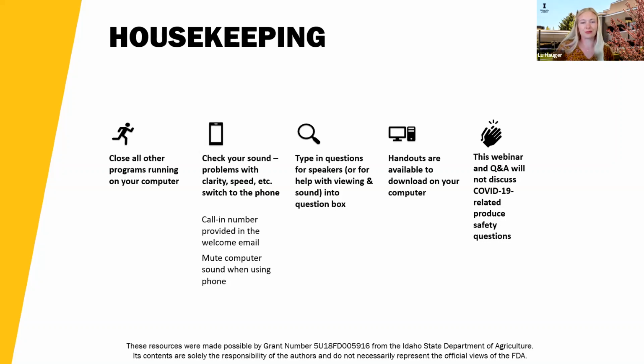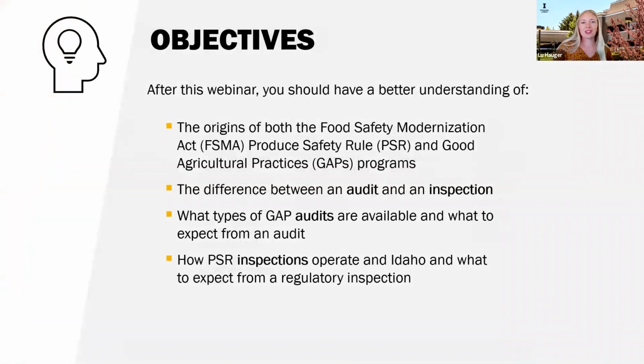In terms of this topic today, we have a couple of objectives that we hope will give you a better understanding by the end of this presentation. First, the origins of both the Food Safety Modernization Act, or FSMA, Produce Safety Rule, which we'll mostly call the PSR as shorthand rather than the long term, and the Good Agricultural Practices program, which we've referred to as the GAP program or GAP audit.